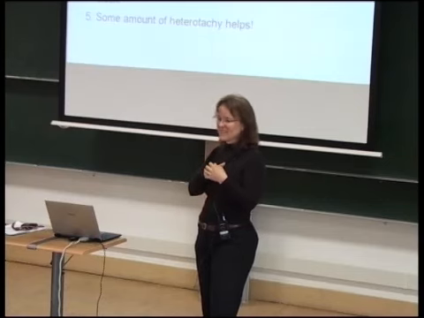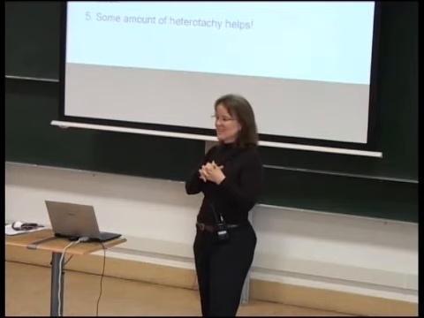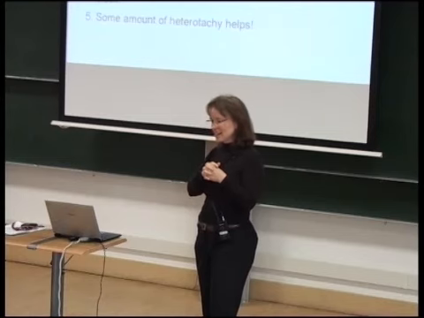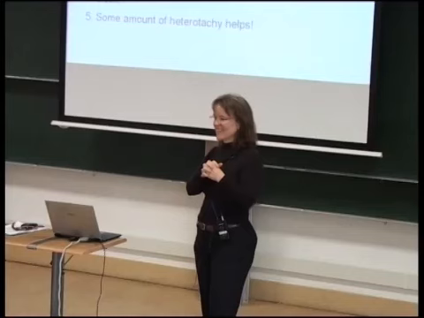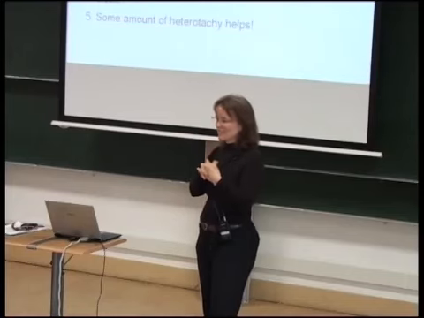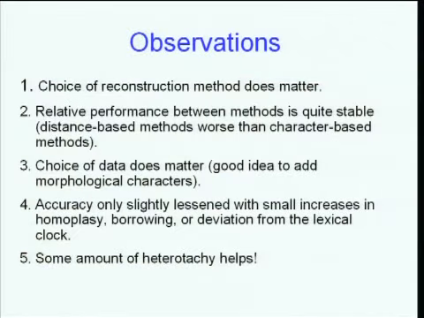And then the most interesting thing, but maybe obvious to everyone, is that heterotachy, which is to say deviating from the rates across sites, improves accuracy. You know, having seen it, it sort of makes sense. Edges that are small in one character will not be small in another character.